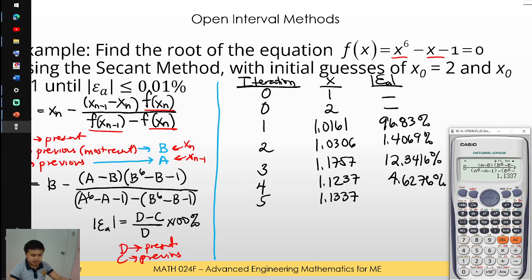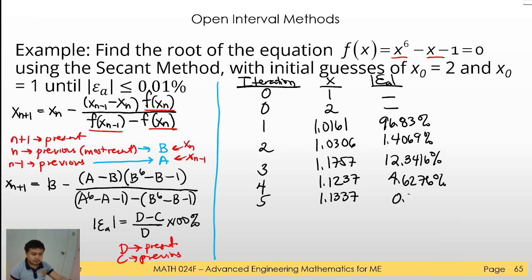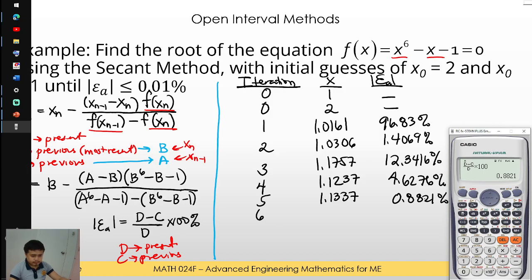Okay, and then the approximate error: 1.1337 and then 1.1237. Okay, 0.8821%. So we're getting closer.